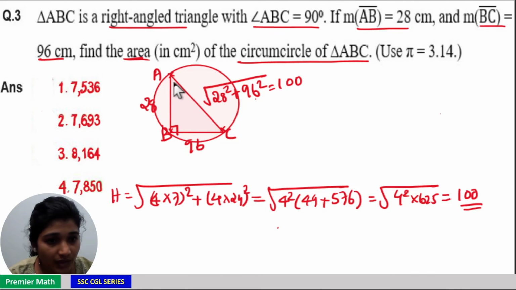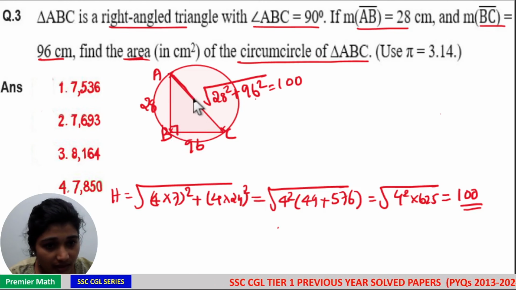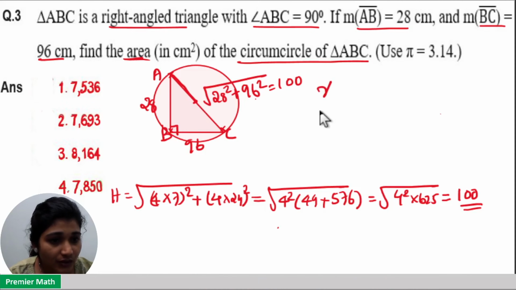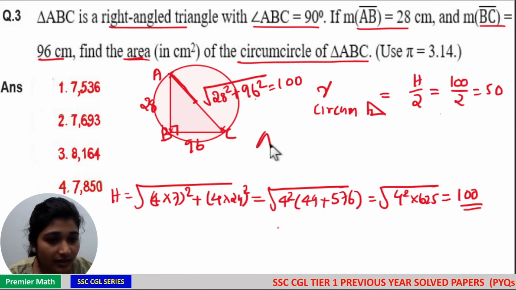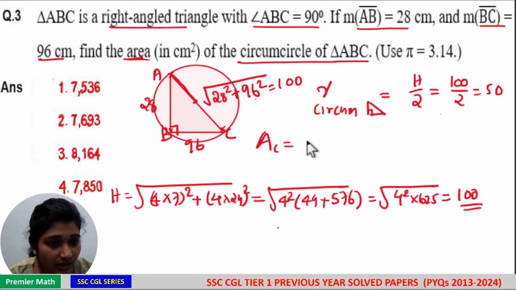Now here, for any right angle triangle, the radius of the circumcircle is always half of its hypotenuse. So the radius of the circumcircle of a right angle triangle is always half of its hypotenuse. Here it is 100 by 2, 50. Then area of circumcircle is equal to pi r square.